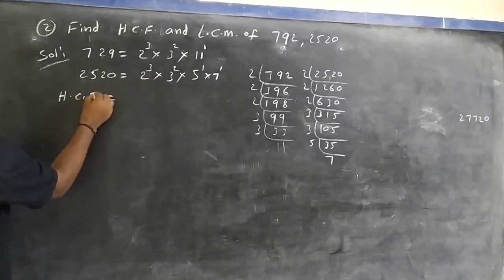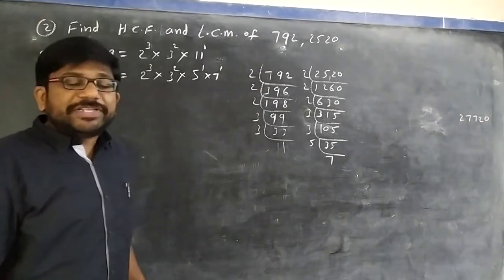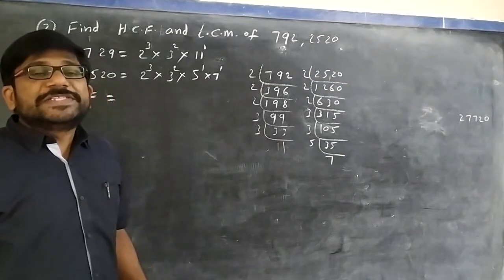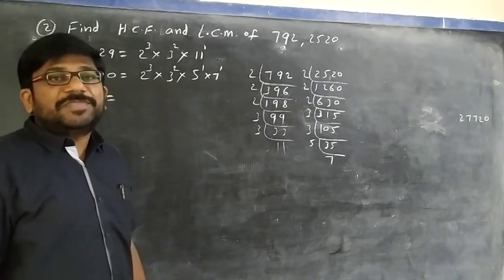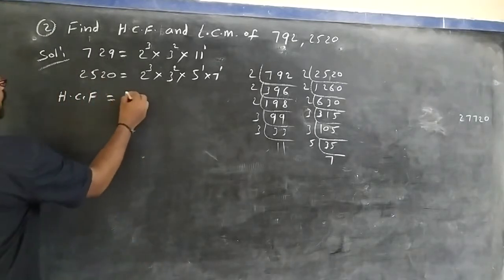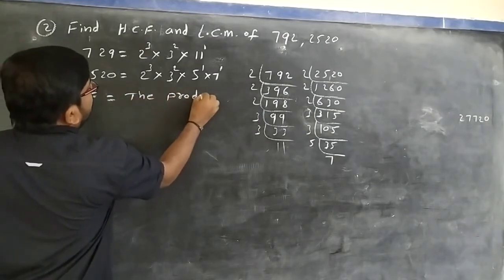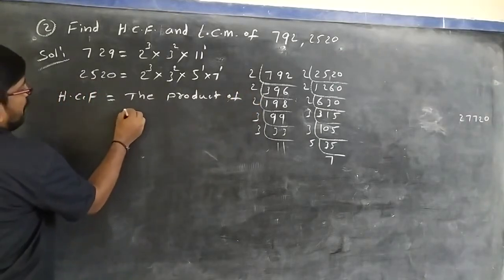HCF is equal to. So what is the HCF formula in the prime factorization method? HCF is the product of the smallest power of each common prime factor of the numbers.